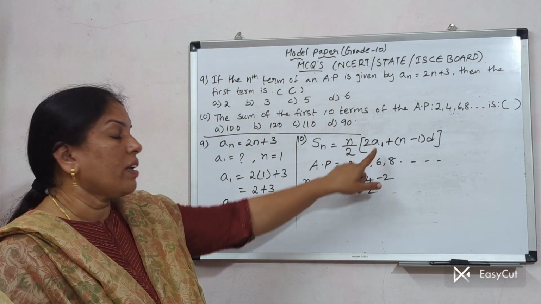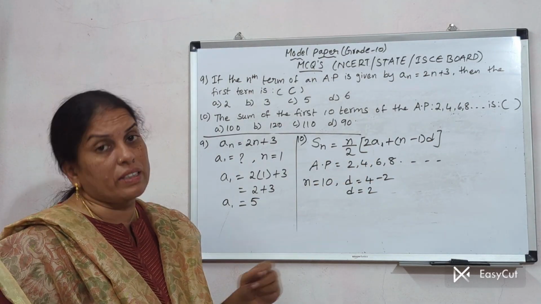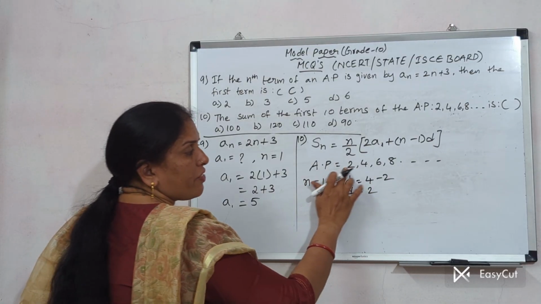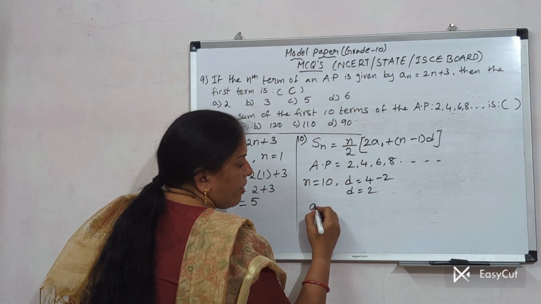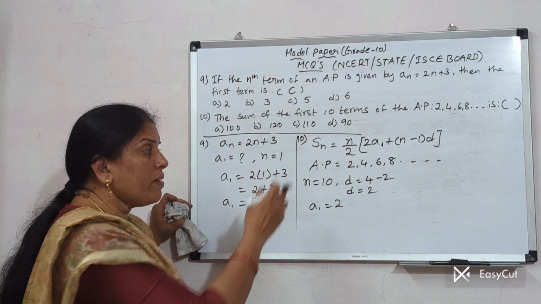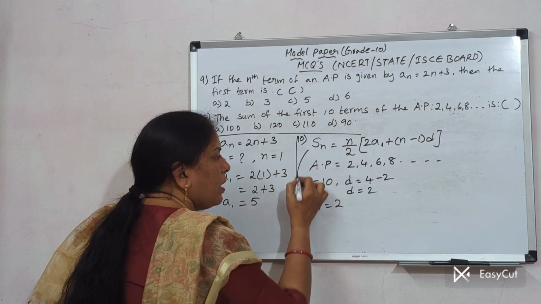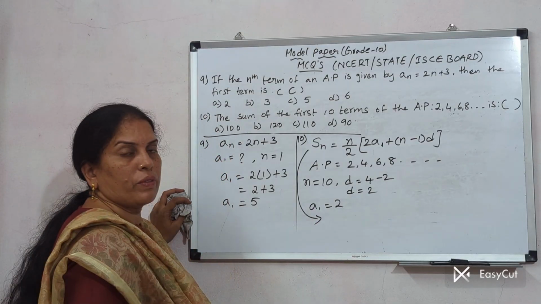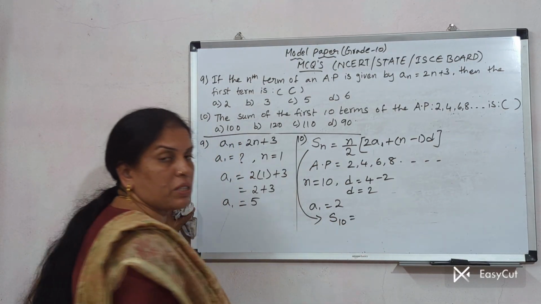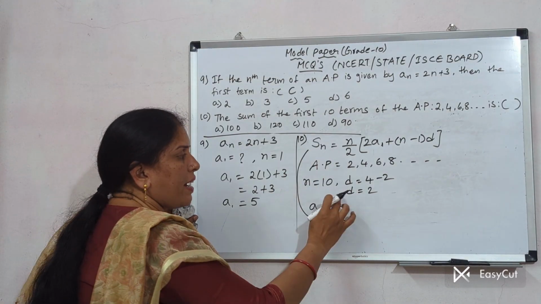What is a1? a1 means the first term. What is the first term in the arithmetic progression? This is the first term. So a1 is equal to 2. Okay. Now we will substitute in this formula. Sn means the sum of 10 terms. They asked for 10 terms, no, so n is 10.